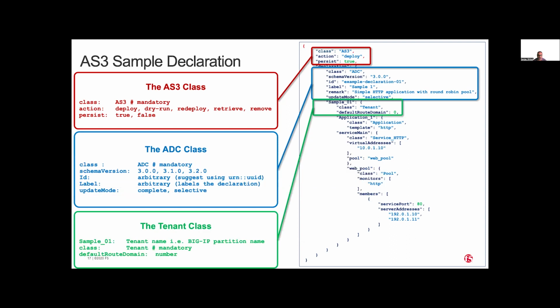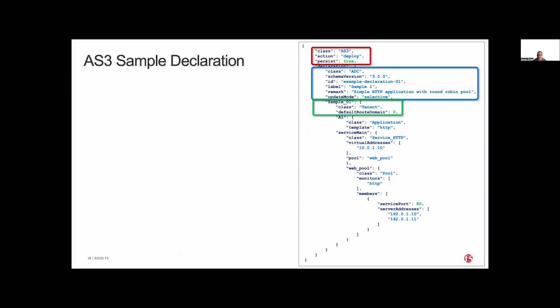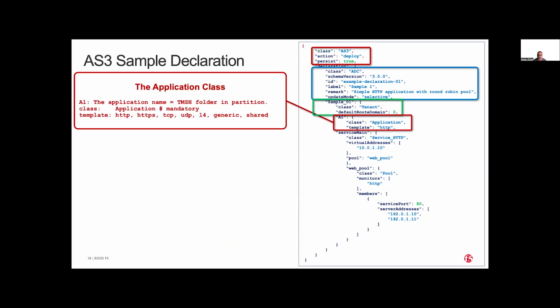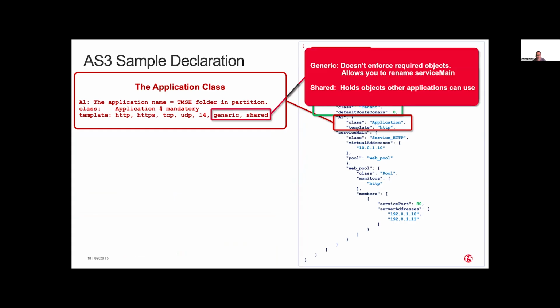And then the tenant class, like we talked about, is actually the partition part of it, which corresponds to the partition on the BIG-IP, and the route domain. And then the application class is where you define the template type which you want to deploy, whether it is HTTP, HTTPS, TCP, UDP, all those, and if you want generic or shared.